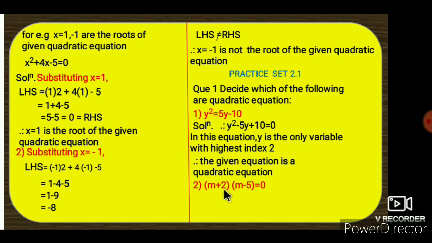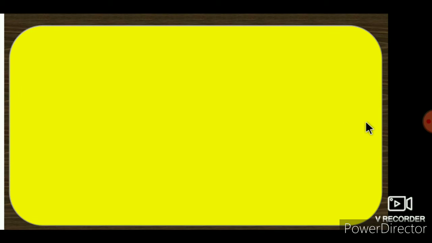It means multiply each term of the first binomial with the second binomial: m into m minus 5 plus 2 into m minus 5, that is m into m is m square, m into 5 is minus 5m, plus 2 into m is 2m, plus 2 into 5 is minus 10. Therefore the equation is m square minus 5m plus 2m minus 10 is equal to 0.